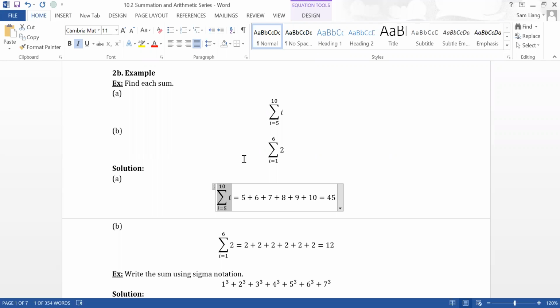So rather than doing that, you use this summation notation. Does anyone still need this example here?